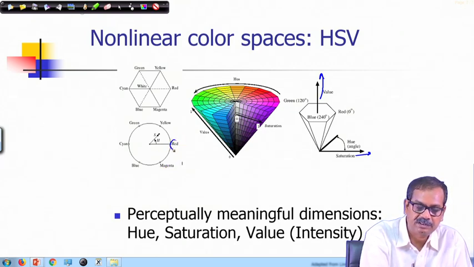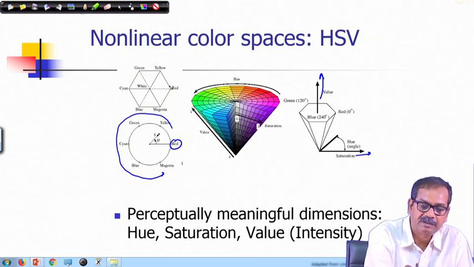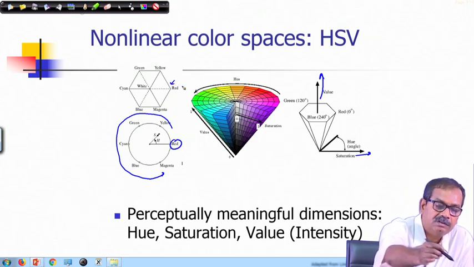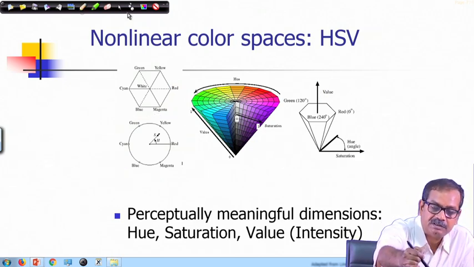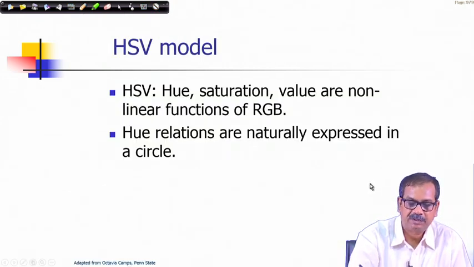Your reference direction is red, and as you increase the angle there are transitions from yellow, green, cyan, blue, magenta back to red, as you can find in this circle representation or in this hexagonal representation. We can elaborate this transformation further, the mathematical form that we will see.